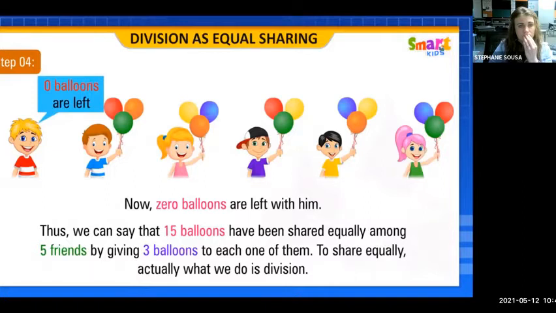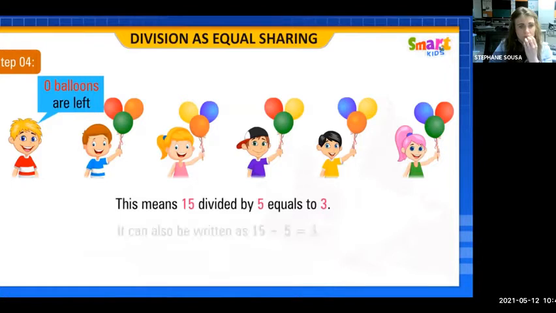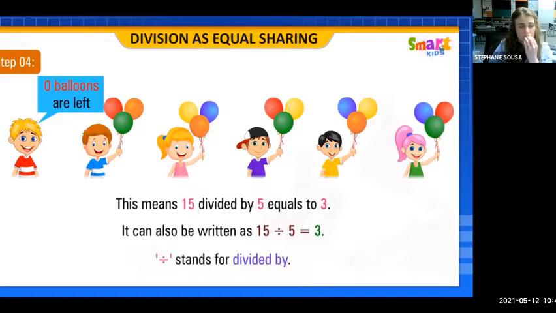To share equally, actually what we do is division. Hence, equal sharing is nothing but division. This means 15 divided by 5 equals to 3. It can also be written as 15 divided by 5 is equal to 3.